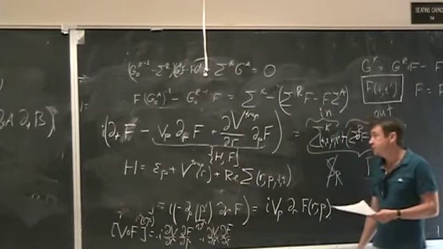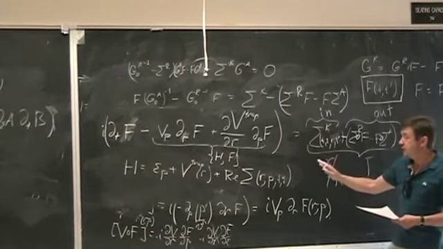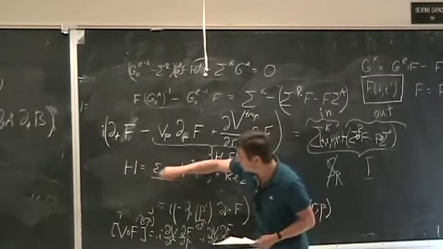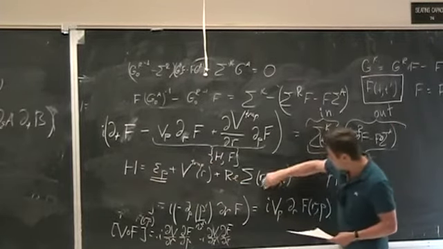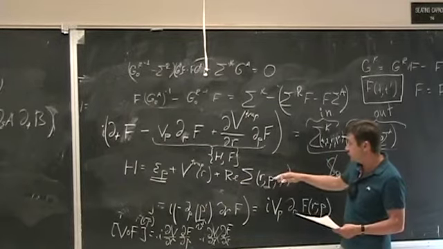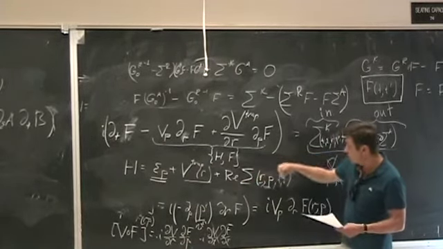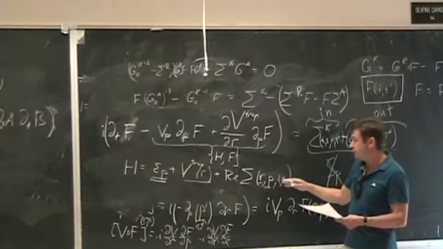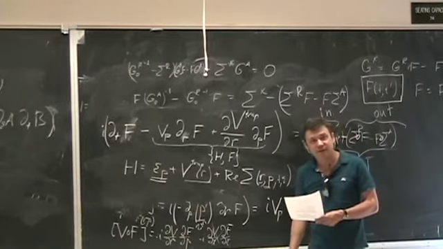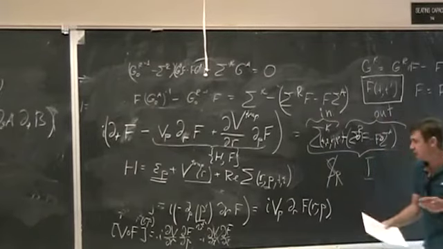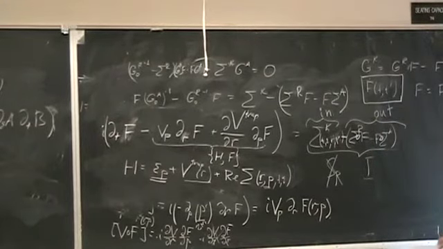Okay, so the real part of self-energy is, in a sense, renormalization of your spectrum, and that's this dependence, but it's also renormalization of your potential, and that's this dependence, and it's also renormalization of your time dependence that I cannot go into for now. All right?